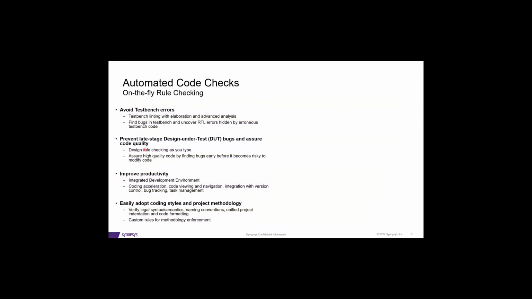Code development can be done faster if we have some level of automated code checking while we are writing the code for test benches or RTL. There aren't many tools today which do test bench linting with a good understanding of SystemVerilog and UVM.